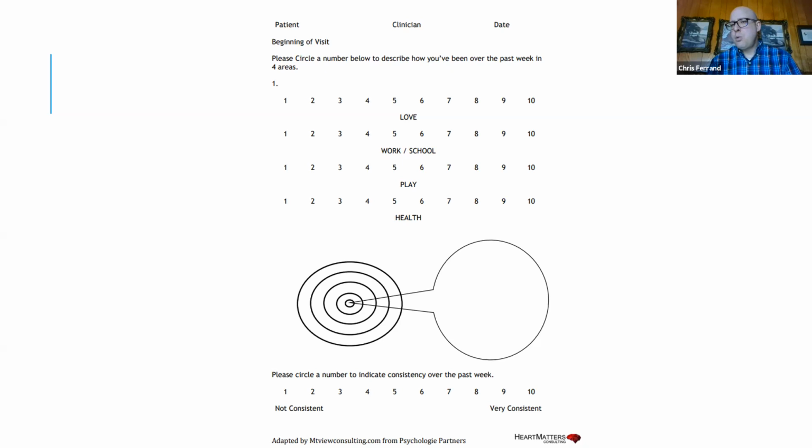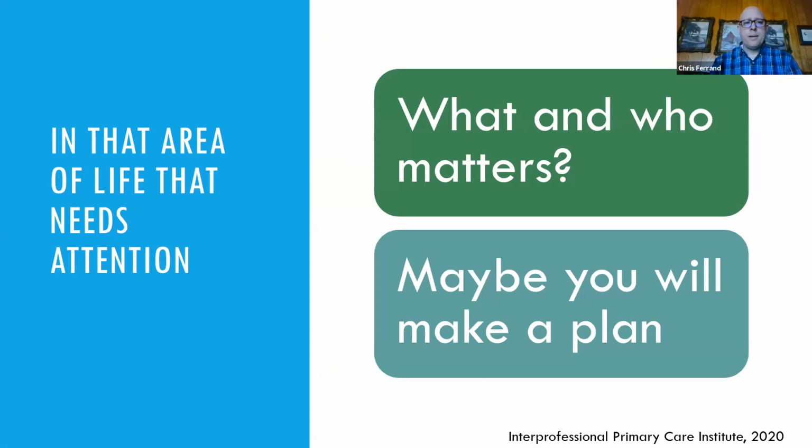Not in a shameful type of way, shaming them for disengagement, but in an awareness type of way that might inform goal setting, behavioral experiments. And in that area of life that needs attention, love, work, play, or health, what and who matters, and maybe you'll make a plan.